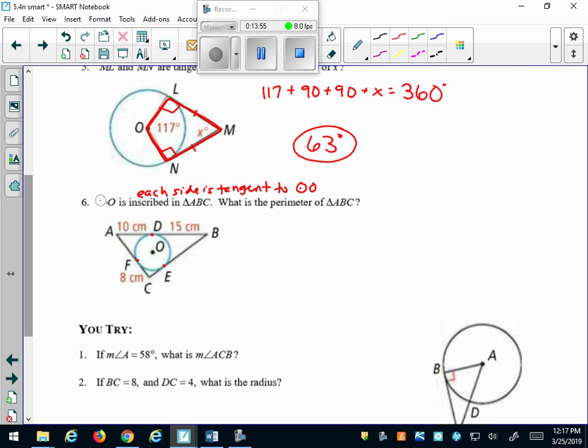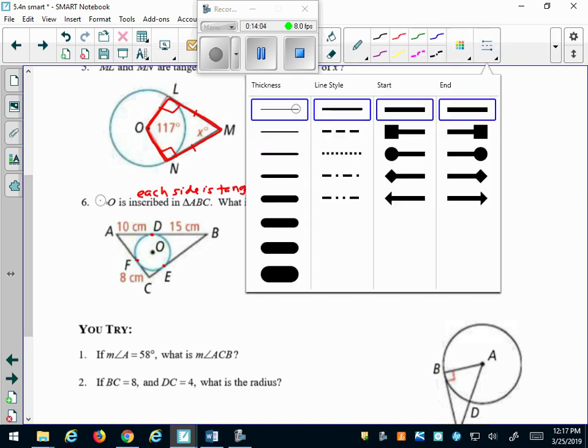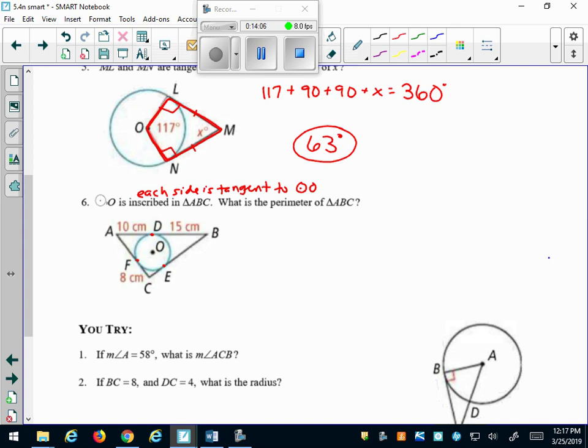We want the perimeter of the triangle. So this is where we're going to apply that second theorem that says that the points are equidistant to the points of tangency. So B to D is the same distance as what? B to E. So we can label this 15.